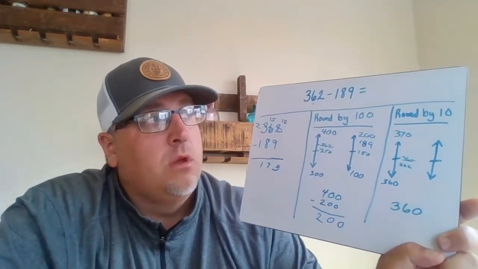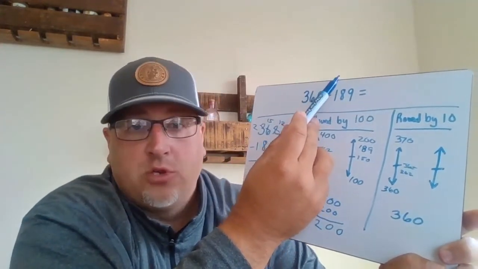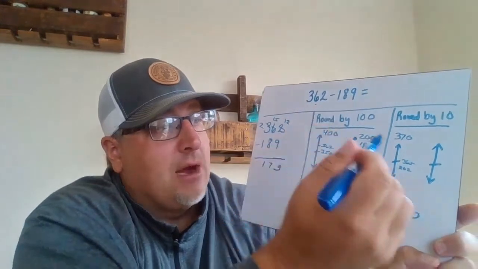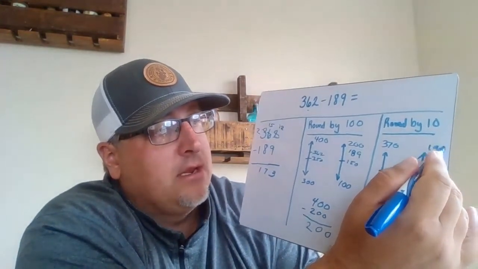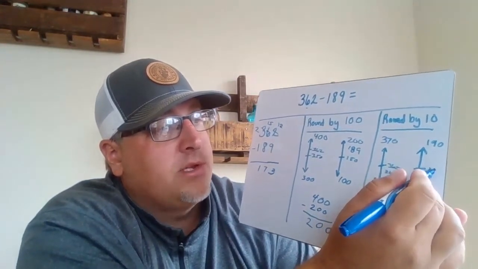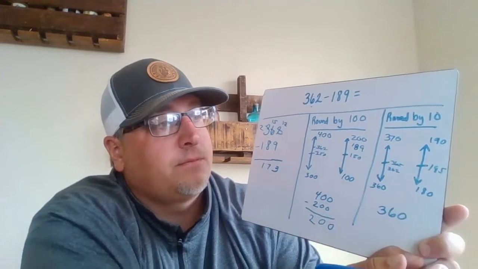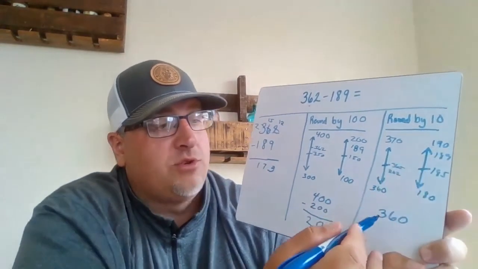Okay? And now we have 189. We're going to look at that 8. We're either going to round up to 190 or we're going to round down to 180. So up top here is 190. Down here is 180. And our midpoint is 185. 189 is way up there. That's way closer to 190.